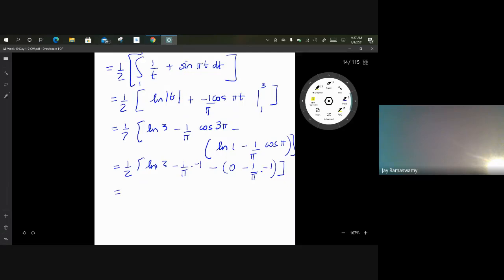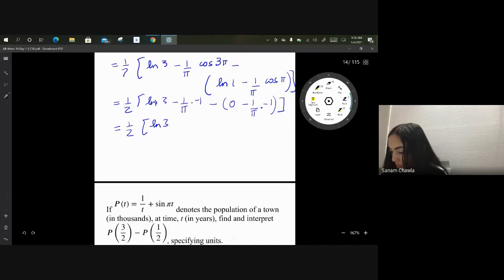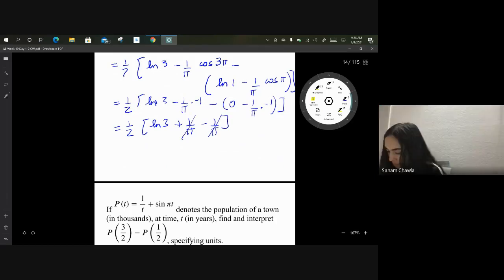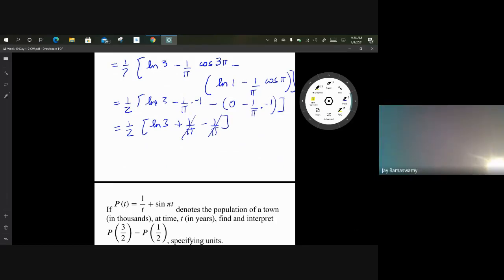So ln 3, what does the second term become? Plus 1 over pi, minus, and then inside, is that positive 1 over pi or negative 1 over pi? Hint, there are 3 negatives. Negative 1 over pi. And will the 1 over pi's cancel? Yes. So your final answer is ln 3 over 2.